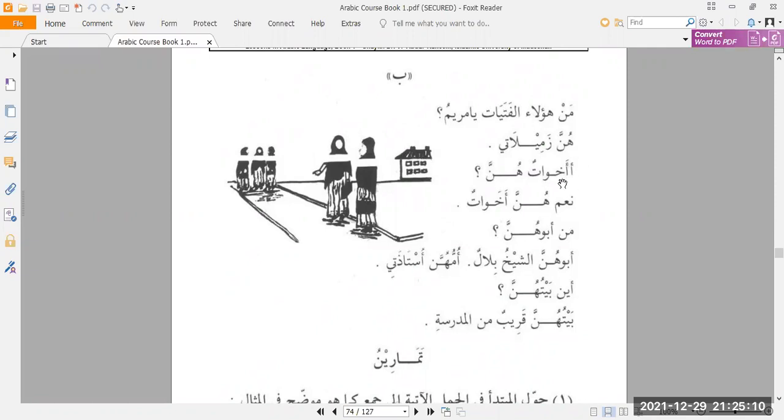Then the next one, a'akhawatun hunna? Are they sisters? The alif is the first one, the Hamza istifhamiyya or Alif istifham, whichever way you want to call it. Because it's plural, we say hunna, they.